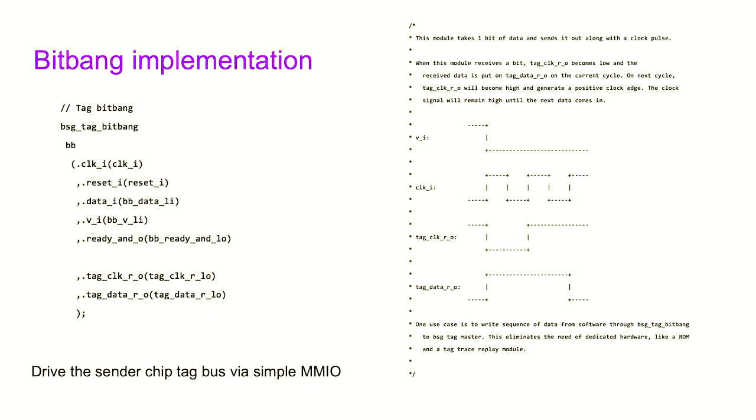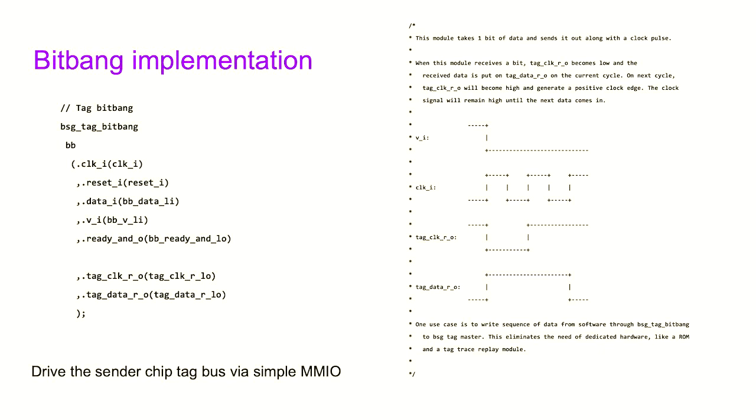In order to generate those initial tag signals that come from your sender chip, we recently started using a Verilog module itself to basically bit-bang the tag interface. The interface for this module is you basically send a 1 or a 0 bit, and then the tag will reflect that in a source-synchronous, center-aligned manner.